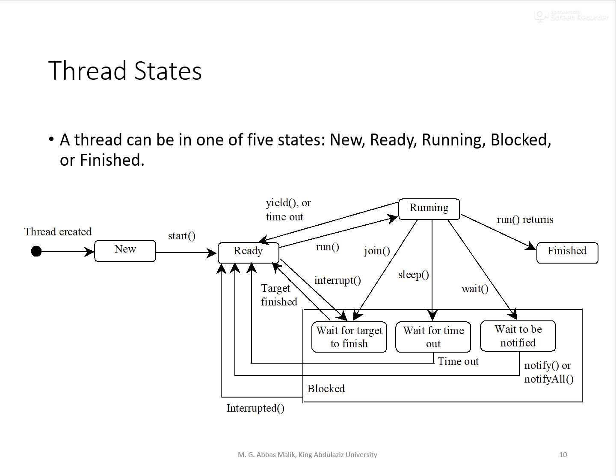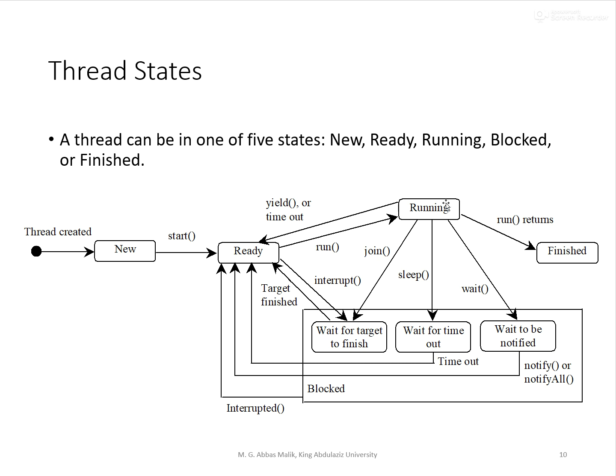So threads can be in different states, as you know. When a thread is created, it is in the new state. When you call the start method, it goes into the ready state. Then when the run method of the object passed as its argument is called, it goes into the running state, and that's signified over here.